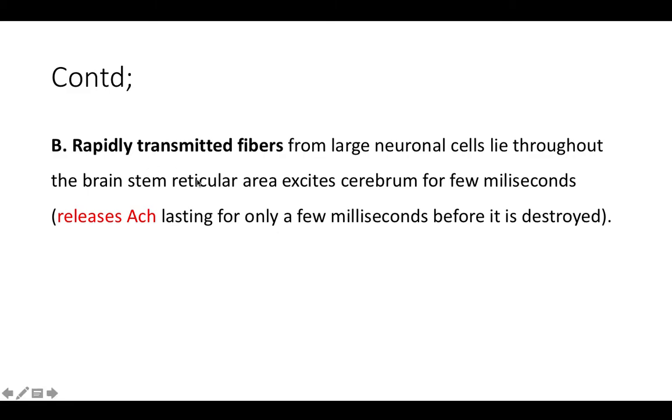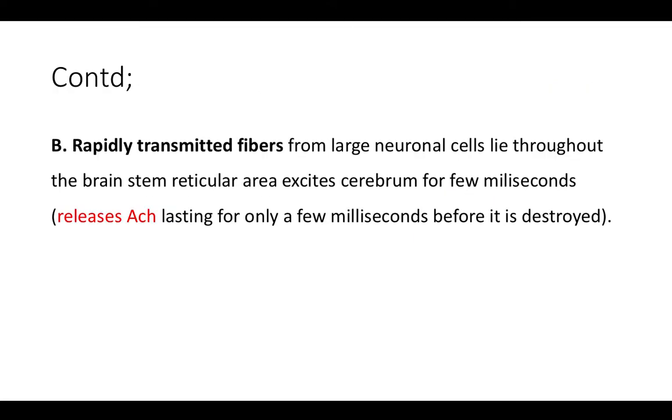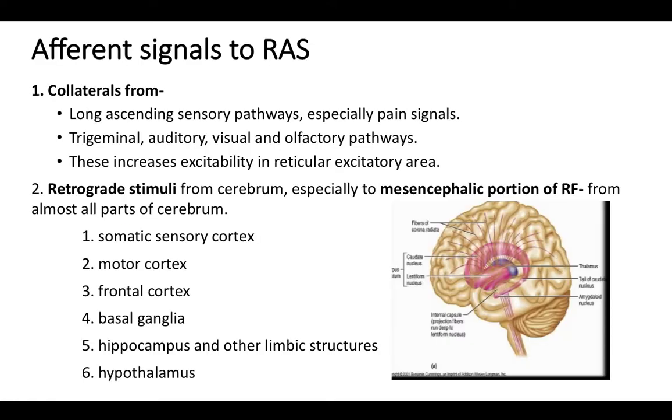So once again we have two types of fibers: slow conducting fibers, which pass through the non-specific thalamic nuclei and diffusely spread to the cortex, with excitatory effects lasting a longer period of time, and rapidly transmitted fibers, which enter the cortex, and the effect lasts for only a short period of time.